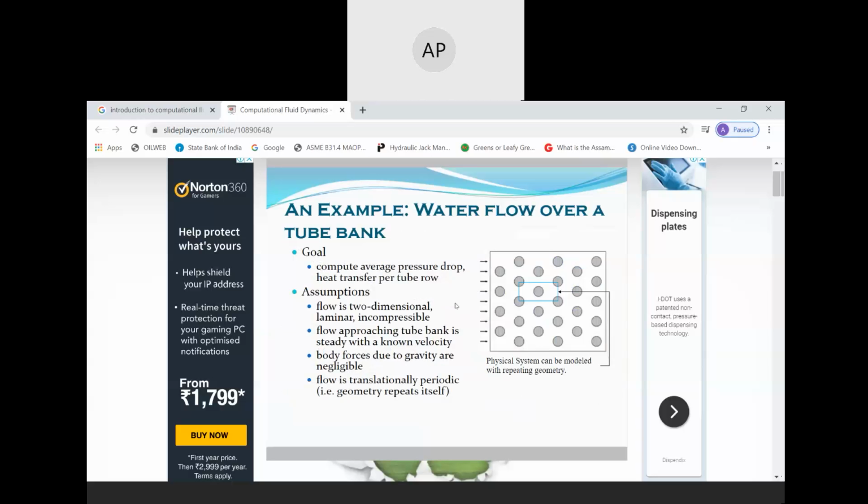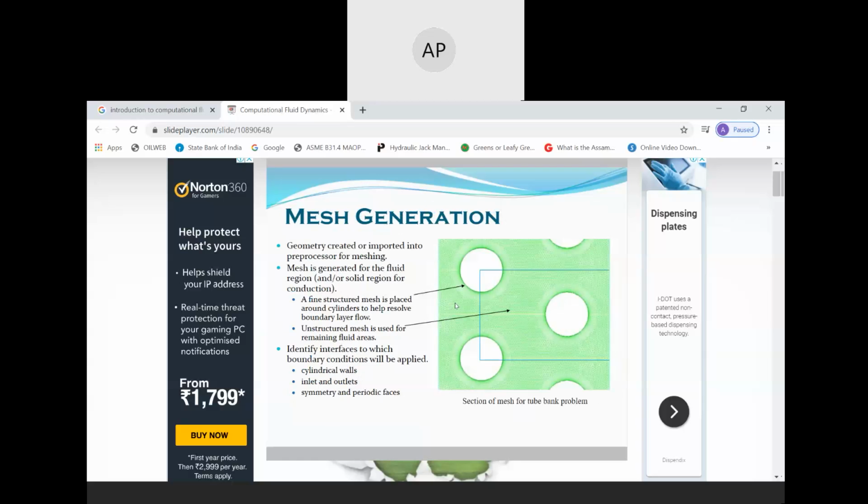Mesh generation: geometry is created or imported into a preprocessor for meshing. Mesh is generated for the fluid region. A fine structured mesh is placed around cylinders to help resolve boundary layer flow.